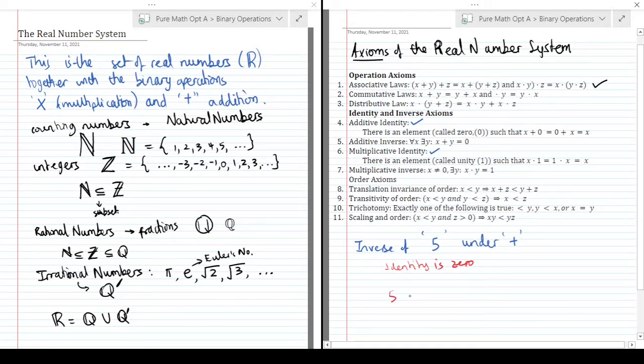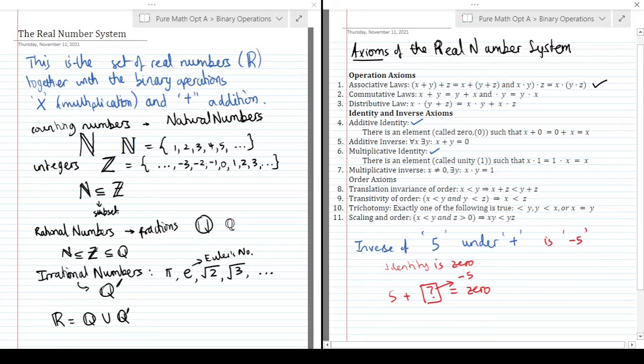So 5 plus what will give me 0? Obviously the answer is -5. So the inverse of 5 under addition is -5, right? That's what inverse is about.